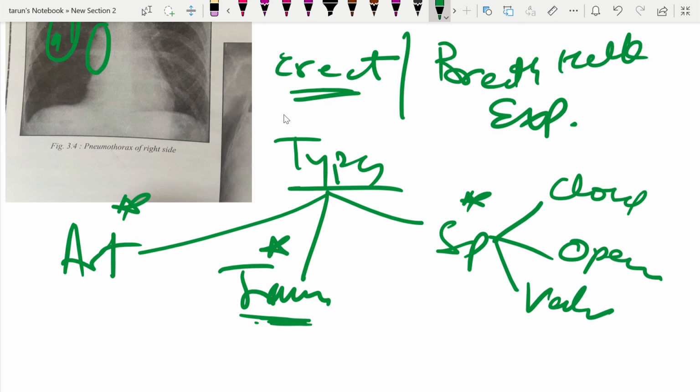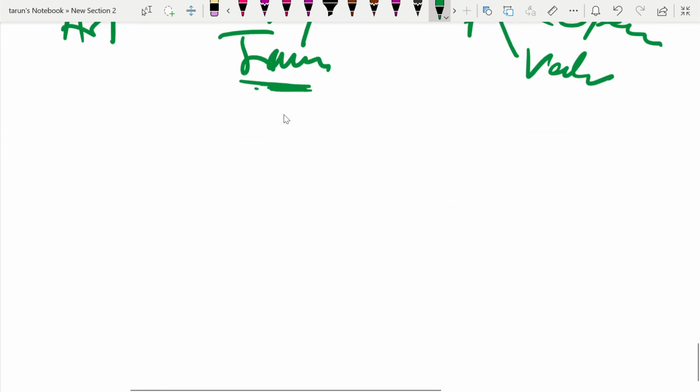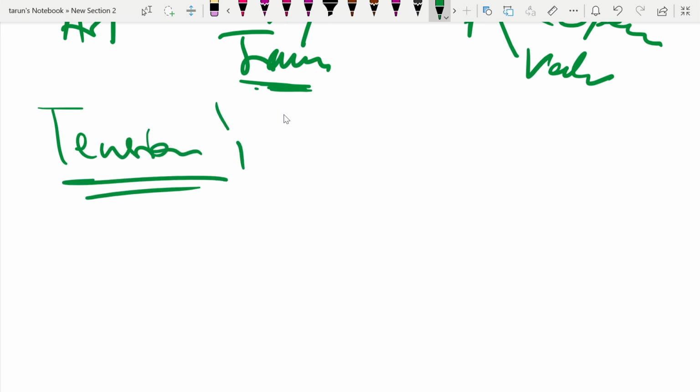Why is tension pneumothorax lethal to the patient? What happens in tension pneumothorax? There is marked mediastinal shift, which decreases the venous return, which decreases the cardiac output.